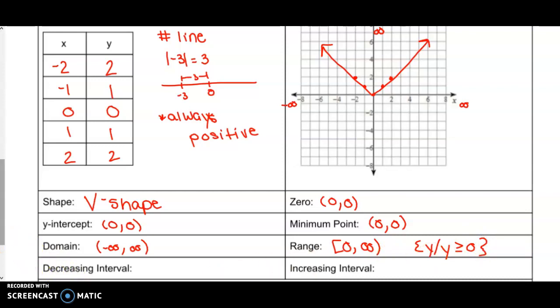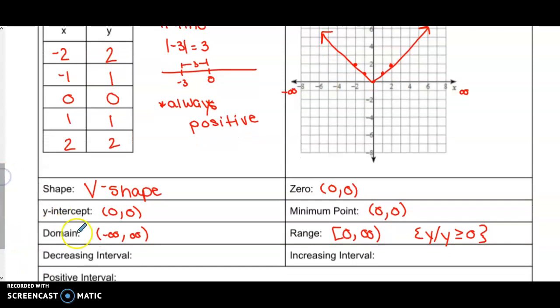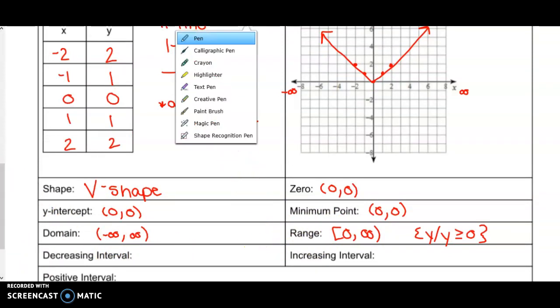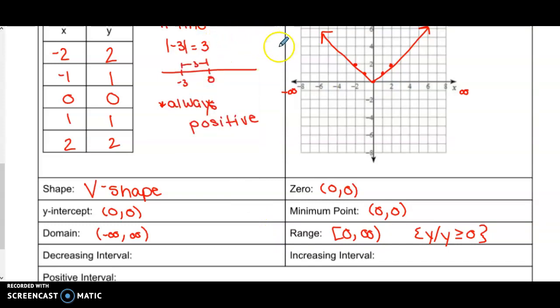All right, decreasing interval. So remember, decreasing and increasing is when you trace. So if I was to trace this, on this side, notice that it's going down. So this side's decreasing. Then it hits this point, and then this side is going up. So it's increasing.